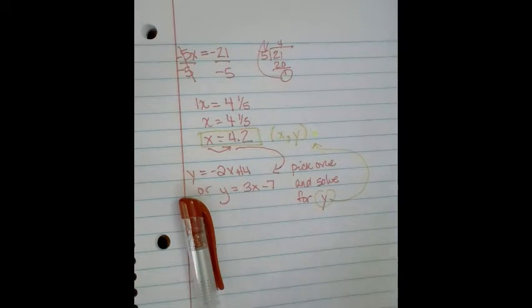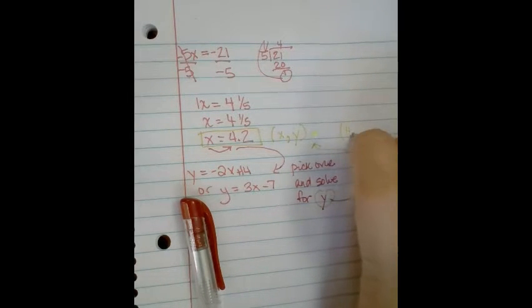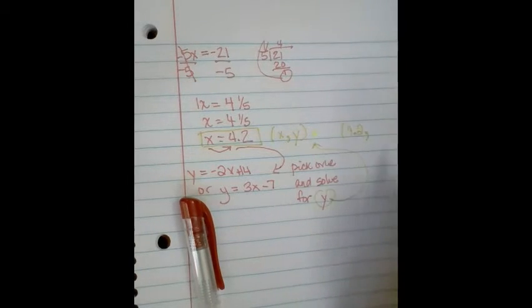So far, this ordered pair is 4.2, and now we are going to solve for the y.